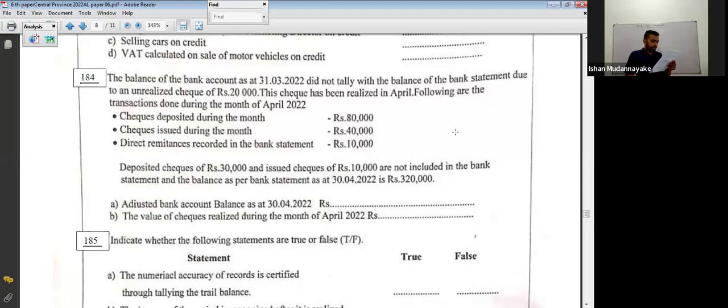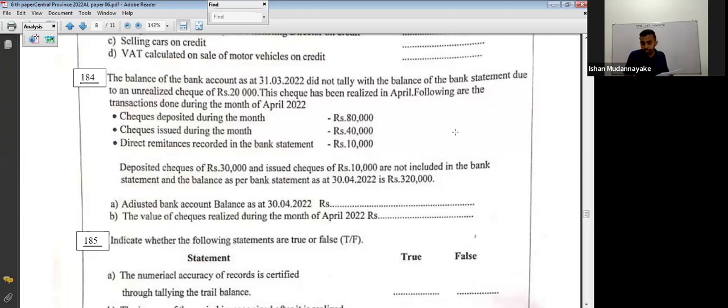Following are the transactions done during the month of April 22. Checks deposited during the month 80,000. Check deposited in March, but realized in April.